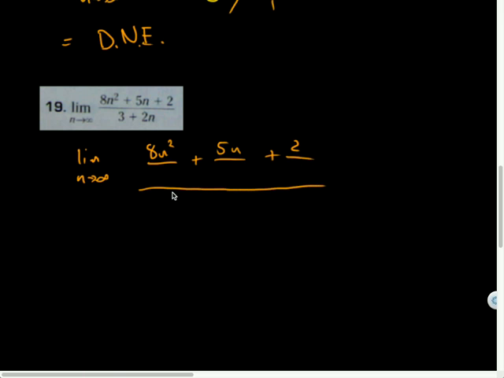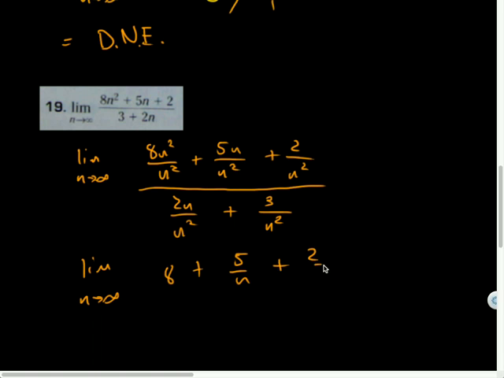So all of my denominators are n squared. And now I can simplify. That's the limit as n approaches infinity of 8 plus 5 over n plus 2 over n squared, all over 2 over n plus 3 over n squared.